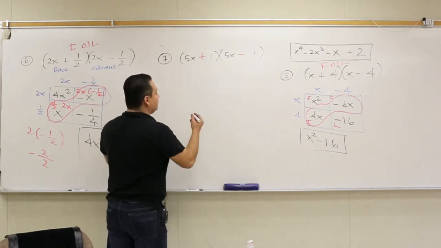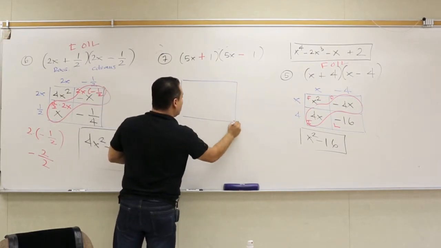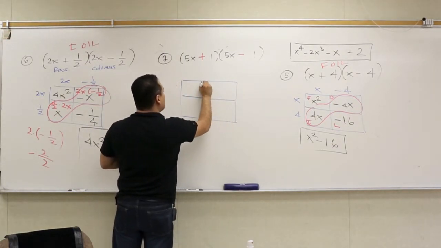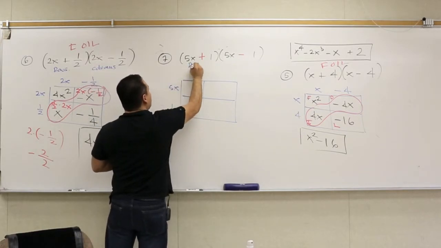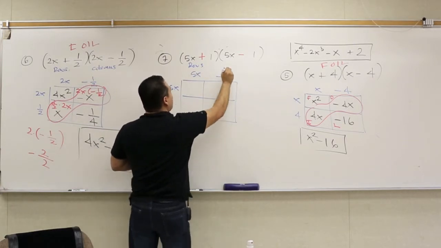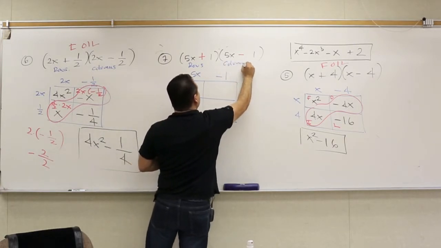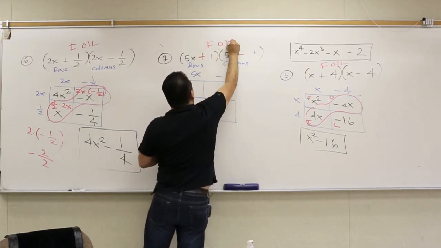Let's double check. If I draw my FOIL boxes, I want to double check if my O and I terms go away. Let's say I got 5x and 1 for the rows, and 5x and negative 1 for the columns. We're talking about the FOIL process.